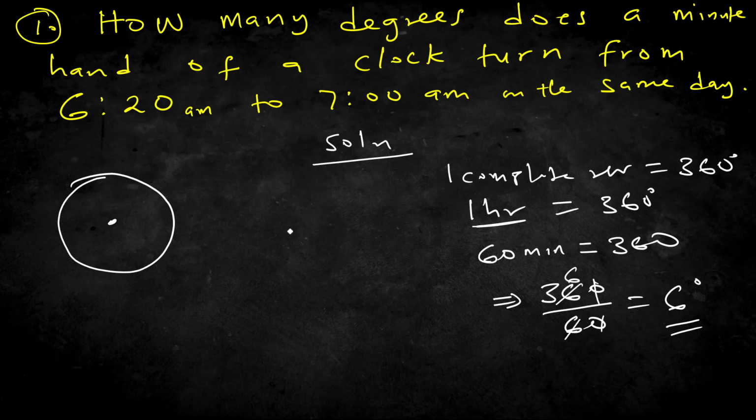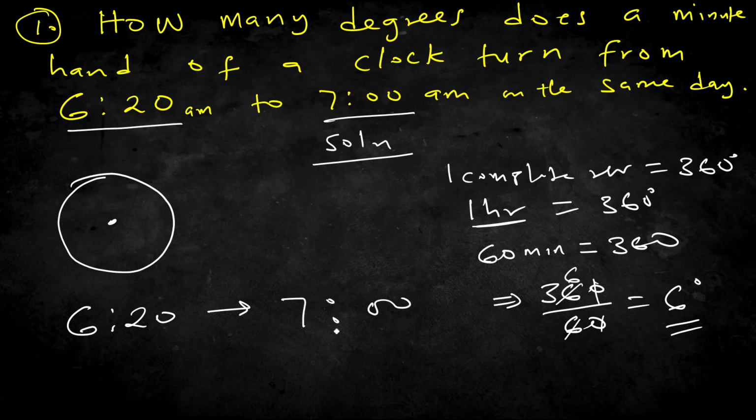All right, so let's go to the question. How many degrees does a minute hand of a clock turn from 6:20 to 7:00 a.m. on the same day? So from 6:20 to 7:00, how many minutes? It is 40 minutes.